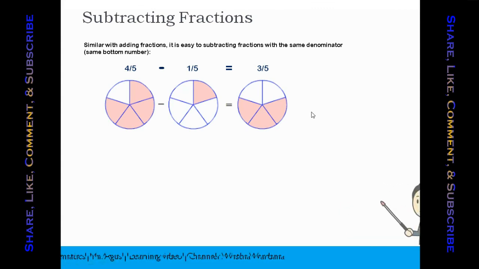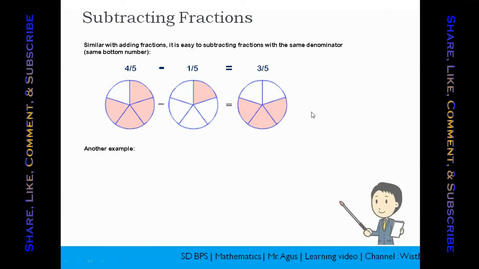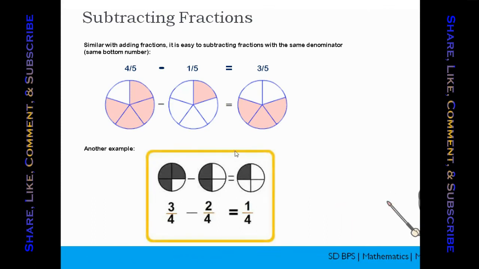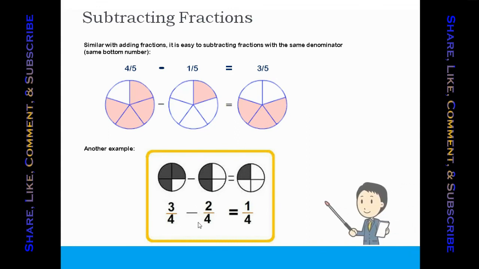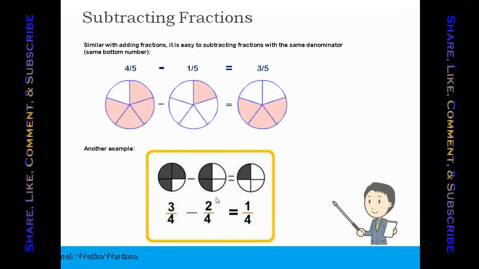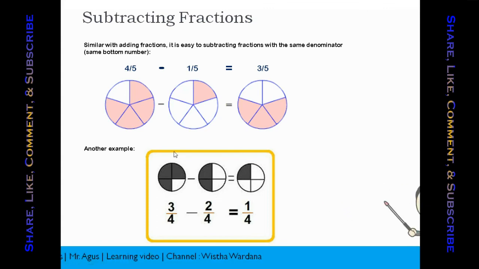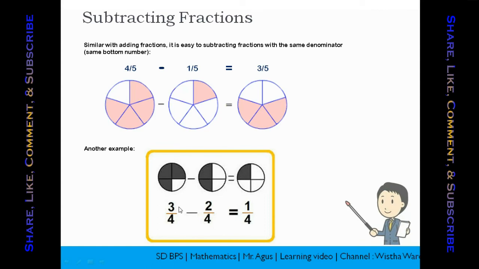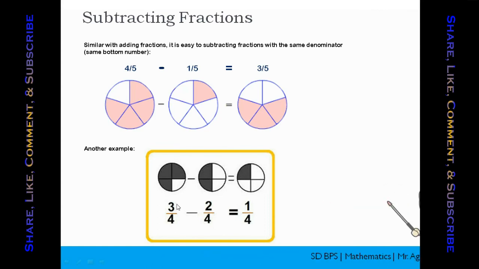Let's try the second example. In the second example, we have 3 per 4 minus 2 per 4. Similar to before, we have to subtract the numerator only.